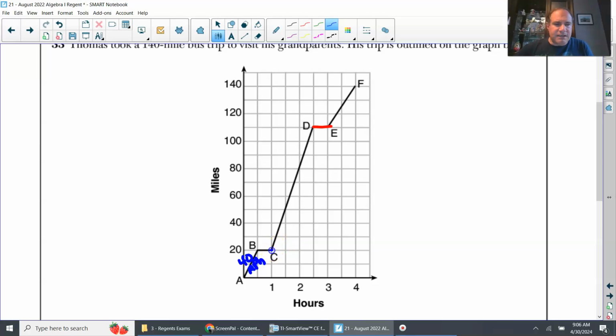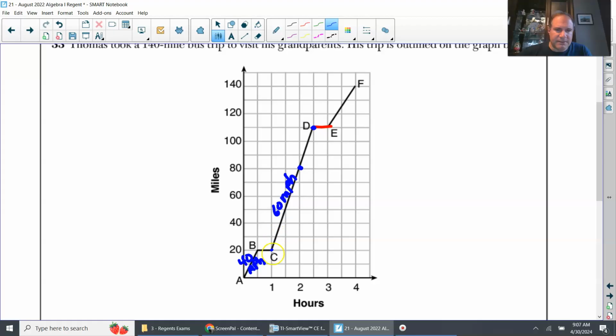So now from C, the 1 hour part, to right here, that's 2.5 hours. So right here, this is a steady rate. So you could take this point right here and this point, and if it's going from 20 to 80 in that 1 hour, that means it's going 60 miles per hour.